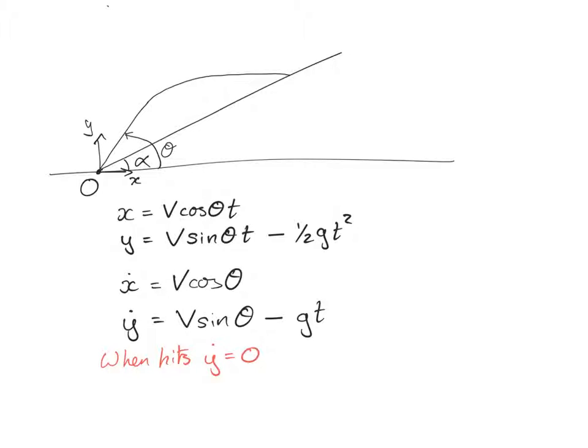Therefore, 0 equals v sin theta minus gt. T equals v sin theta over g.